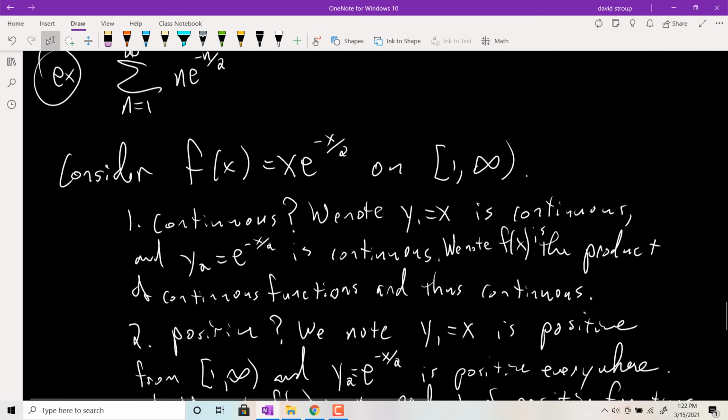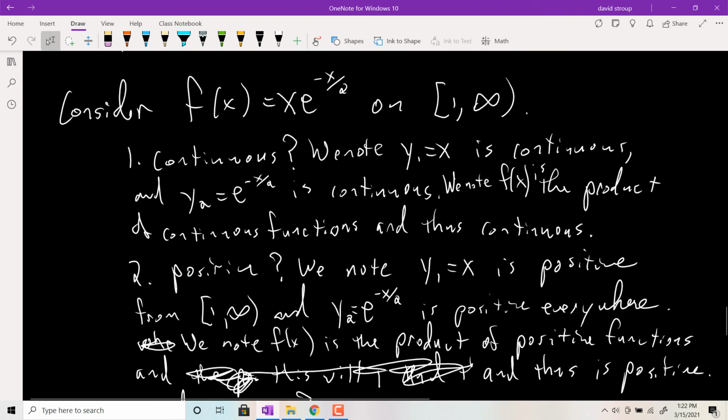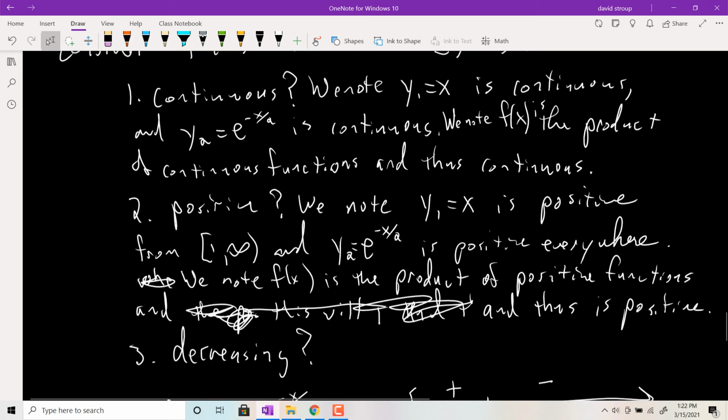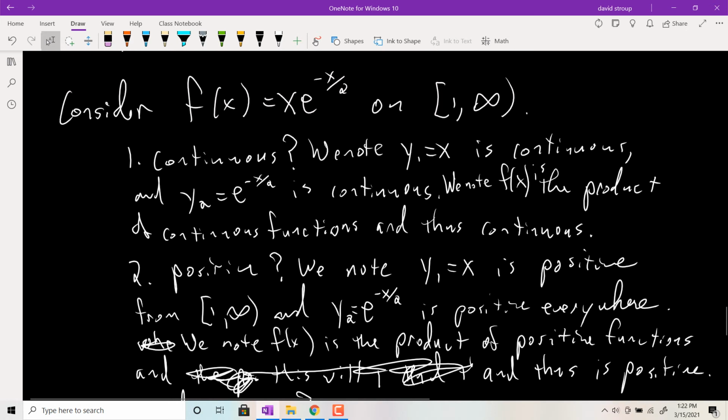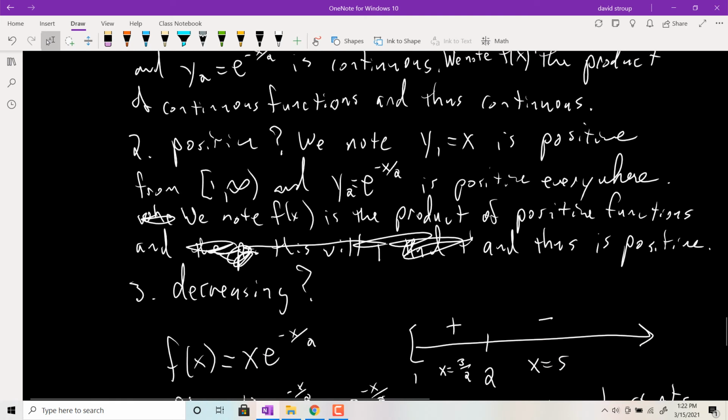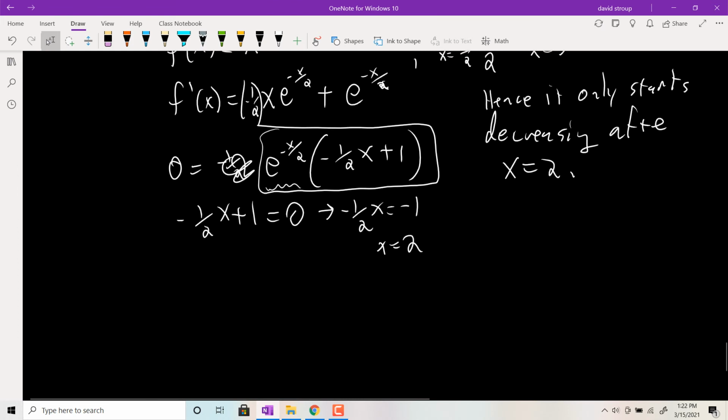Okay? It's still continuous on that interval. X and e to the negative x over 2 are continuous everywhere. The product of continuous functions is continuous. Both functions are positive from 1 to infinity, so they're definitely going to be positive from 2 to infinity. So all we need to do is consider it from 2 to infinity.